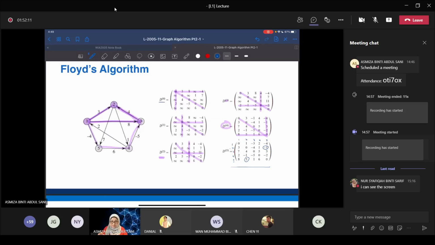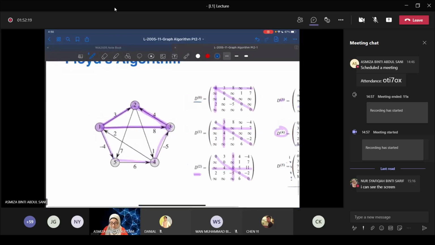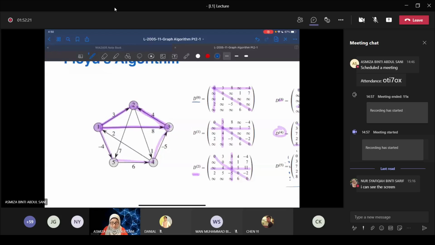So by applying this algorithm, if you look at this graph again, if you want to get from 1 to 2, you can either go straight from 1 to 2, or 1 3 2, going to 3, 1 5 4 3 2. Remember, to get to 2, let's say for example the shortest path is going through 3, and before we get to 3, we already calculated the shortest path from 1 to 3, from 1 to 4, from 1 to 5, and so on and so forth, from the previous matrices.